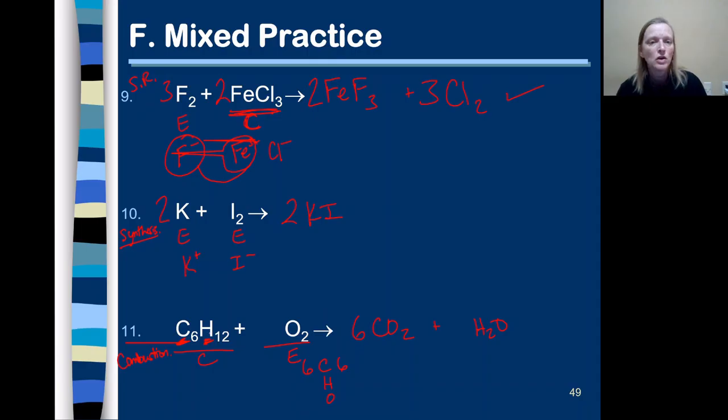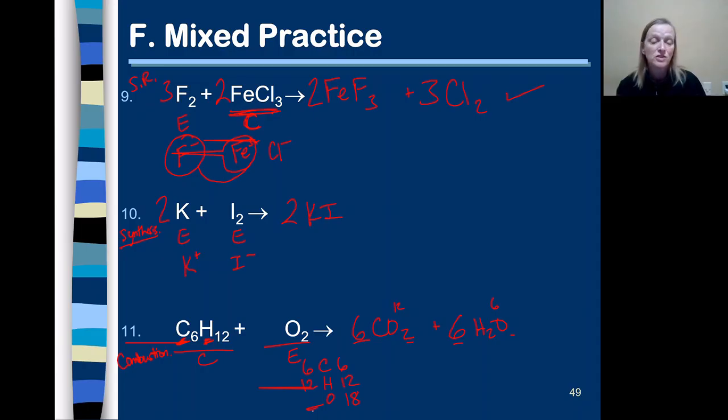I need 6 waters on the right-hand side so that I have 12 hydrogens to match the 12 hydrogens that you see on the left. But now the question is, how do I get the right number of oxygens on the left side to match the 6 times 2 is 12 oxygens plus 6 times 1 is 6. So I have 18 total oxygens on the right-hand side.